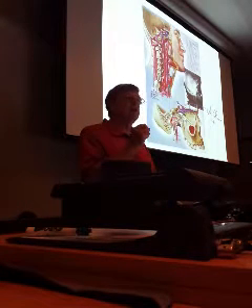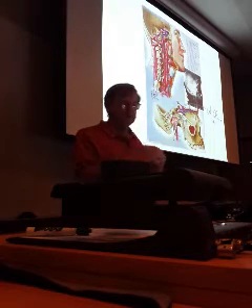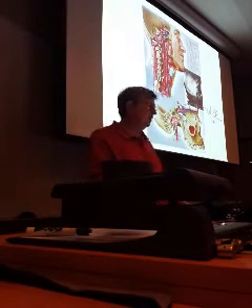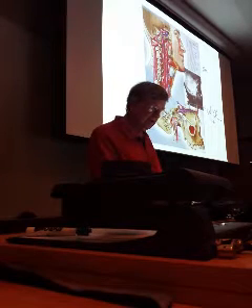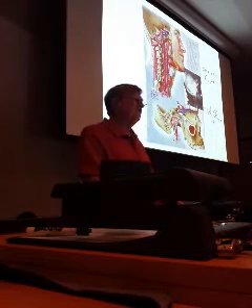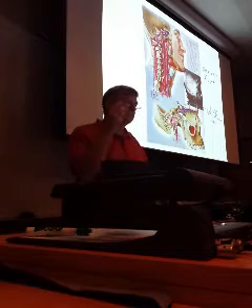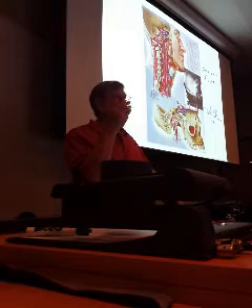Okay? And so this produces a constellation of symptoms, one of which I expect y'all to understand, and this is called amaurosis. Amaurosis is a syndrome where you transiently lose vision in one eye.